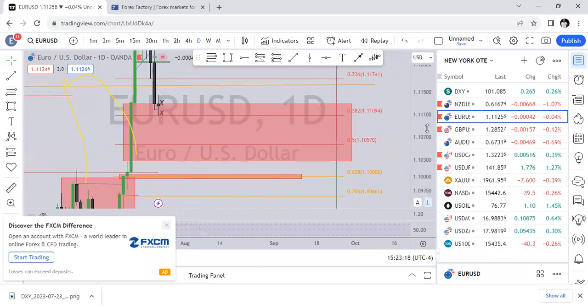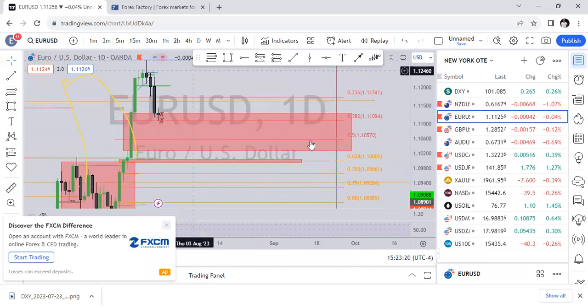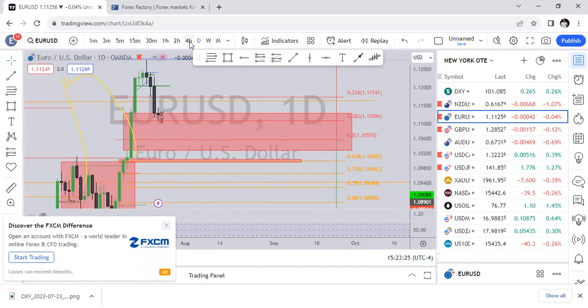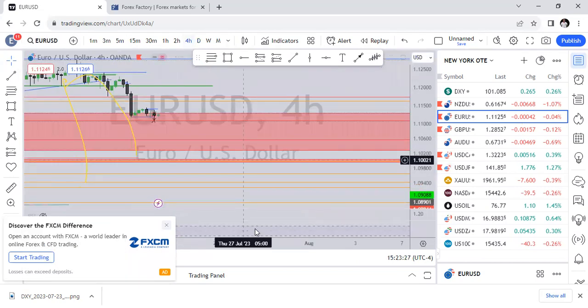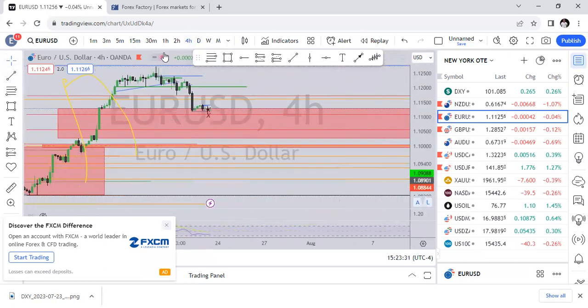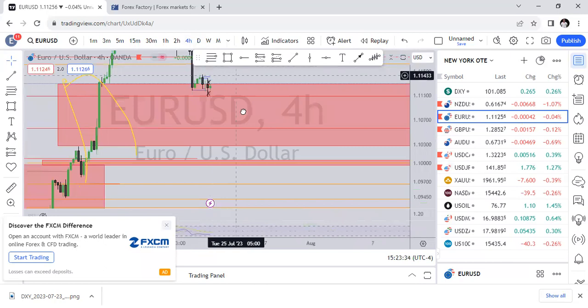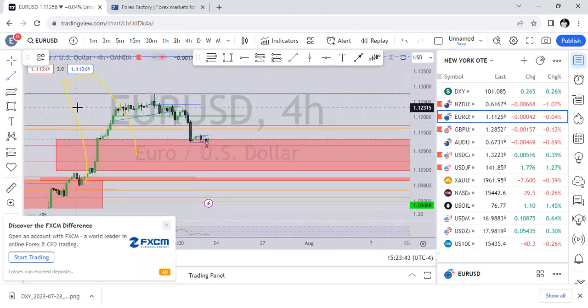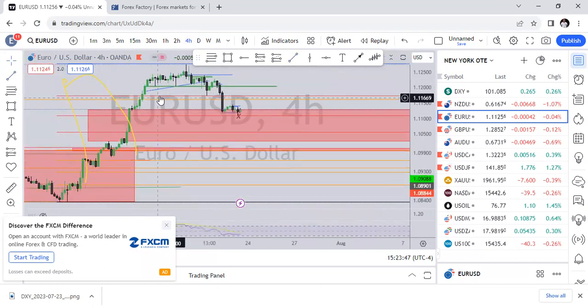So that's nice. The thing is, if we step down to a lower time frame, like the 4 hour, what you will now observe is that we have spotted this impulsive move on the buy side.